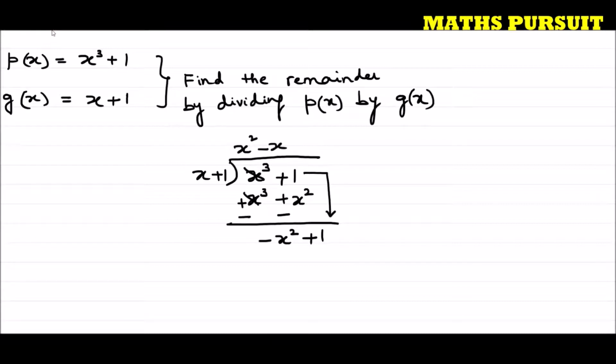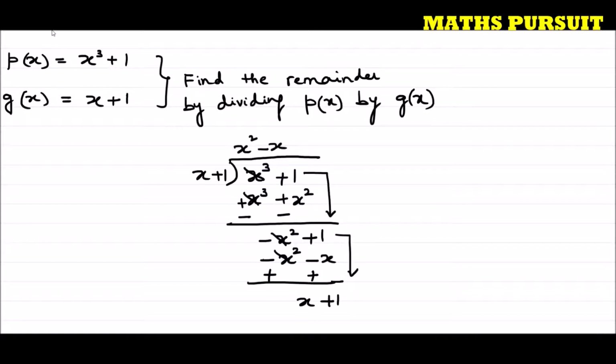So if I multiply minus x with x, I will get minus x to the power 2. Then minus x into 1 is again minus x. So let us subtract it, the signs will reverse. Now this will cancel out and we are left with x plus 1. This 1 will come down.